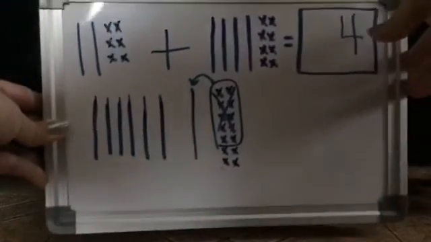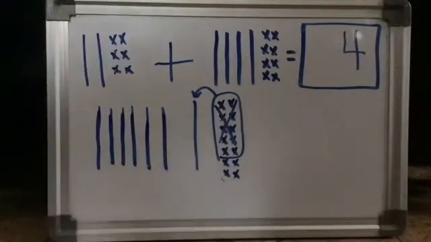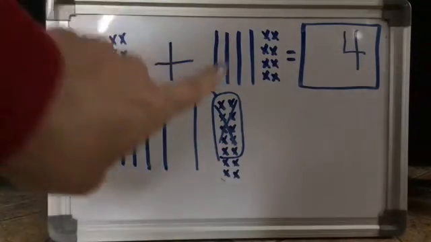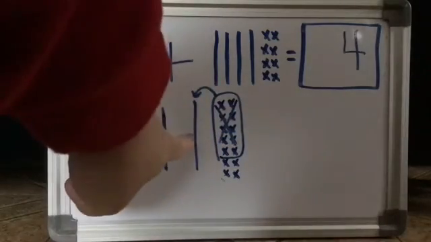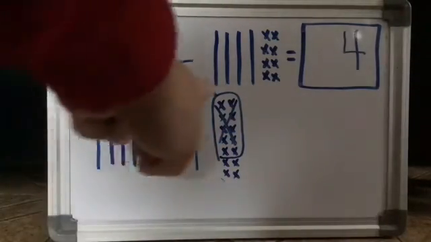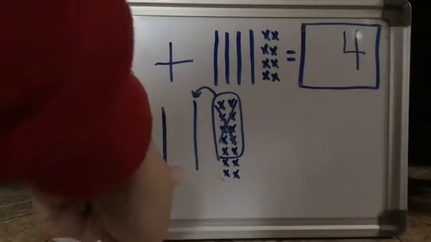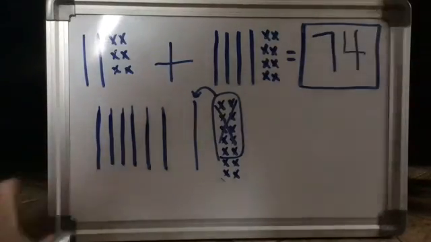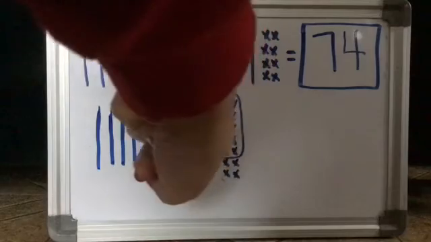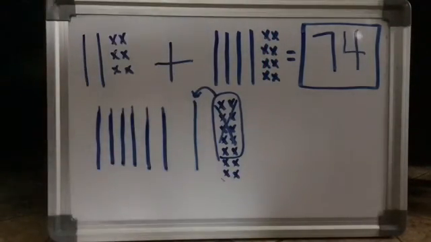And I did leave a little space in between my rods here and my rod that I traded for, just so that my brain knows this is the rod that I had to trade. I took these 10 cubes and made it into a rod, and these are the rods that were already in my problem. So now I have 1, 2, 3, 4, 5, 6, 7. I have 7 rods. What I did is I regrouped these cubes into a rod. And now I have the answer 74.